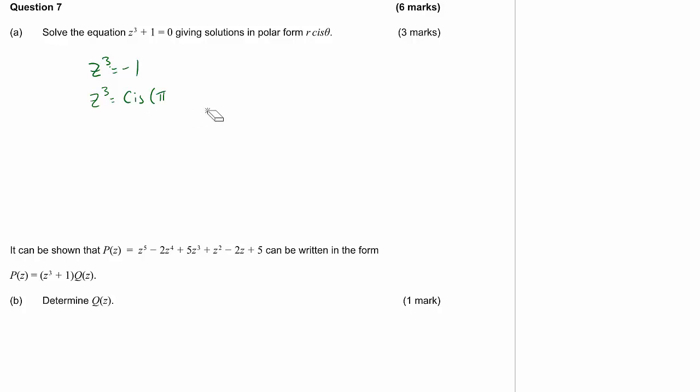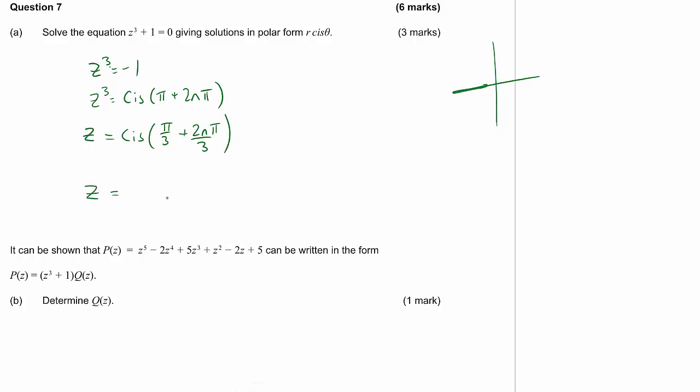But let's write that as cis pi plus 2n pi, because it will be true every time we land on here. So that means that z is going to be cis pi by 3 plus 2n pi by 3.